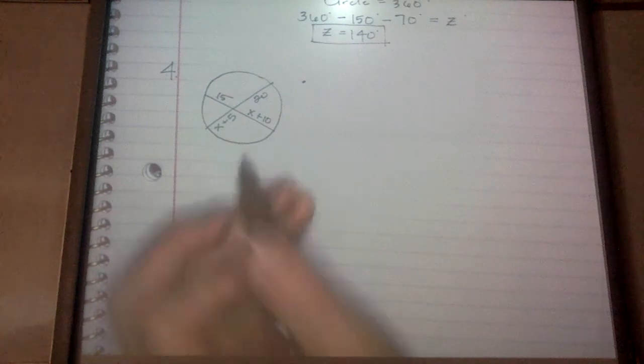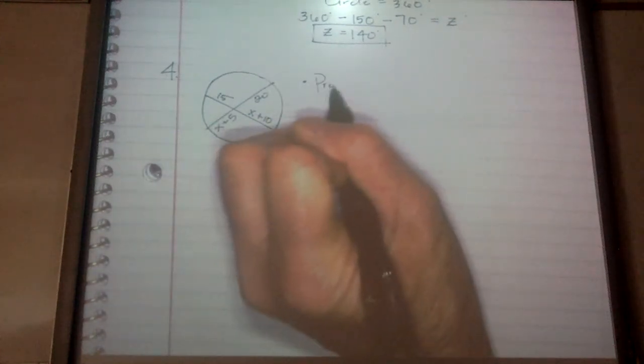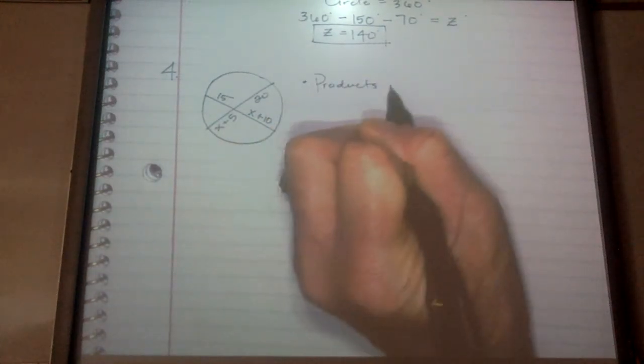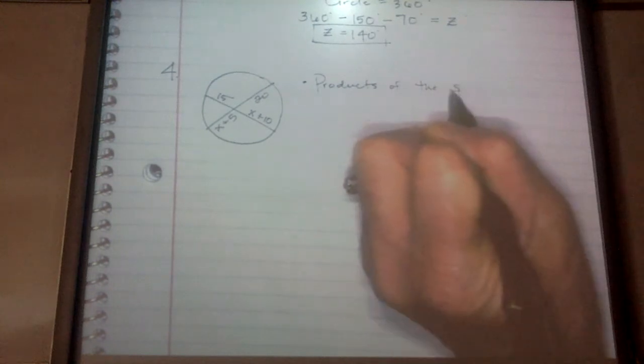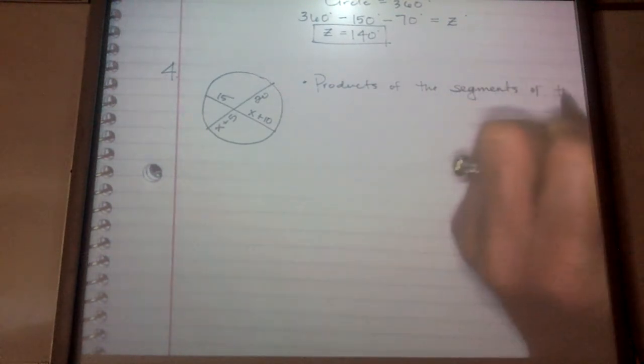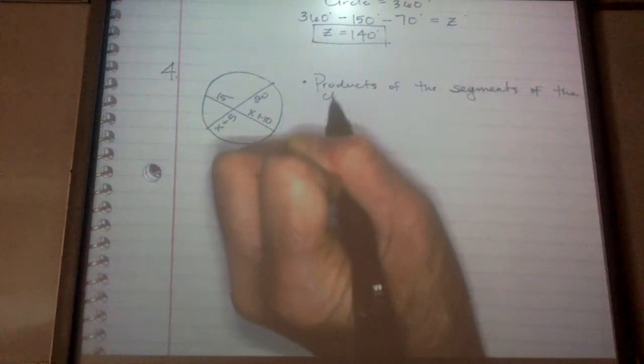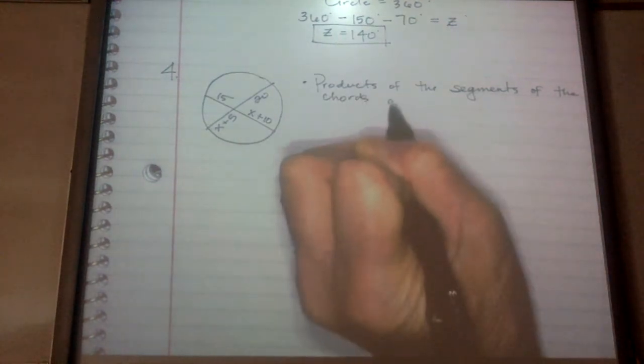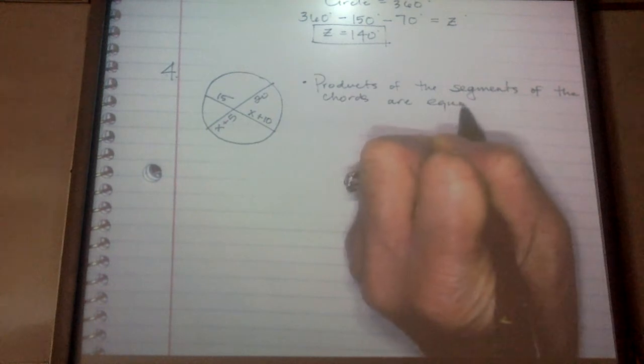So here is another property of circles. The products of the segments of the chords are equal.